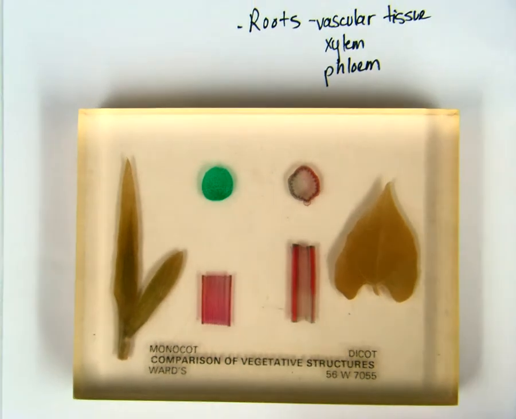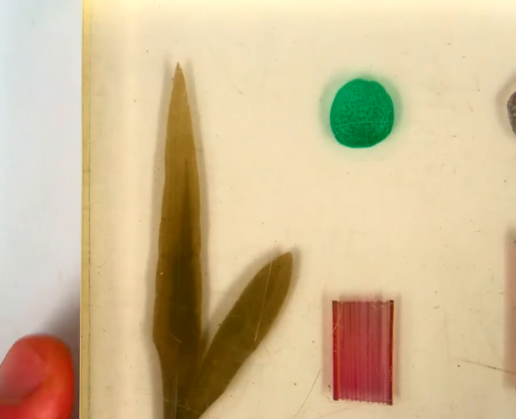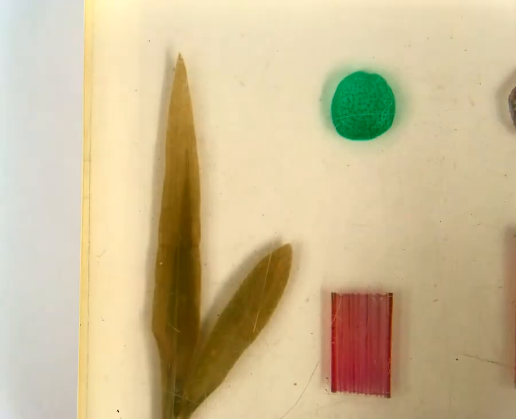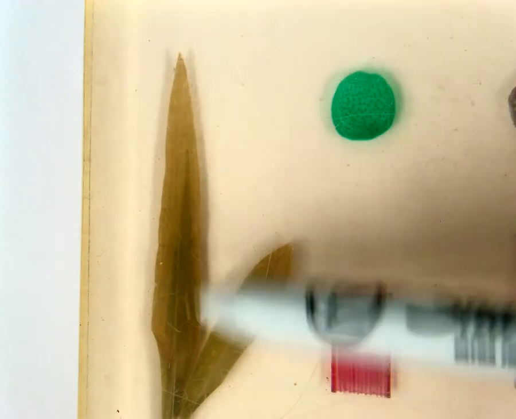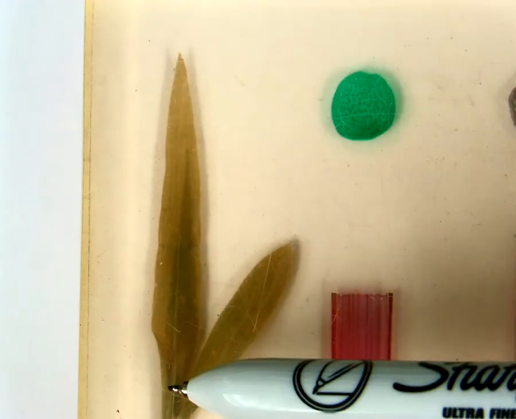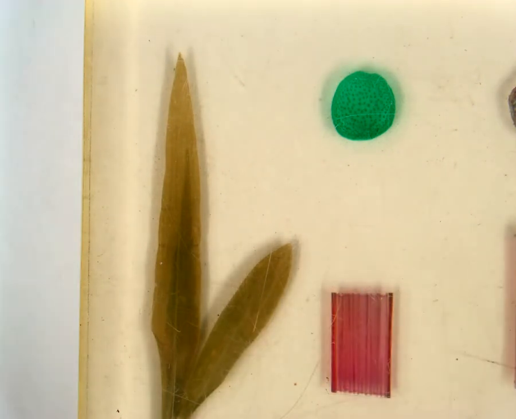Let me focus in, see if you can see that. You may not be able to. I'm not going to turn the light on them because of the glare. Monocots have very, very straight parallel lines. And again, think about corn. If you've never seen corn, please just drive down 75. Summertime, it's all over the place in Texas.